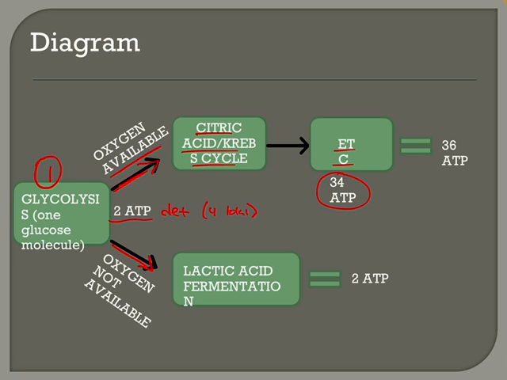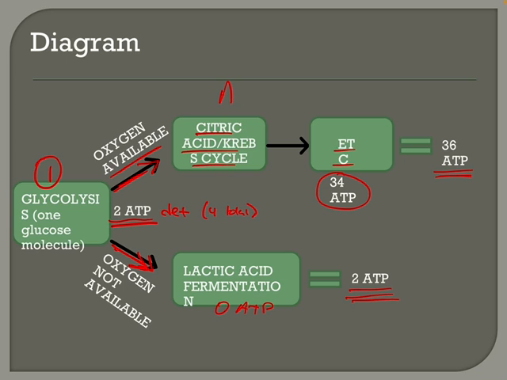You then have your 34 ATP from the ETC, plus the 2 from glycolysis, to give you a total of 36. Now, after glycolysis, if you do not have oxygen available, you move into anaerobic respiration, that is lactic acid fermentation. Remember, you do not get any ATP, 0 ATP from this. You only end off with your 2 ATP from glycolysis.